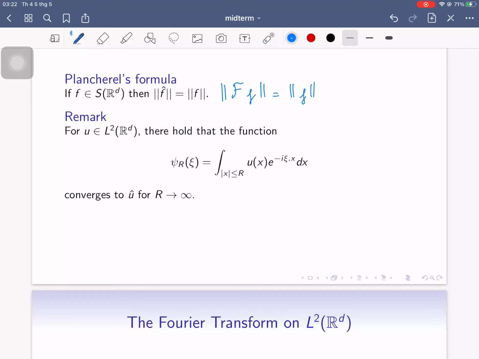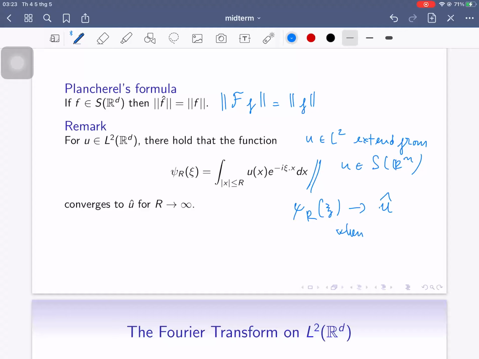And one more thing over here, we have a remark: we cannot define explicitly the Fourier transform of u belonging to L square, so we need to extend from u belonging to S. And this shows that psi_r of u will converge to the Fourier transform of u, u hat, when r goes to infinity.